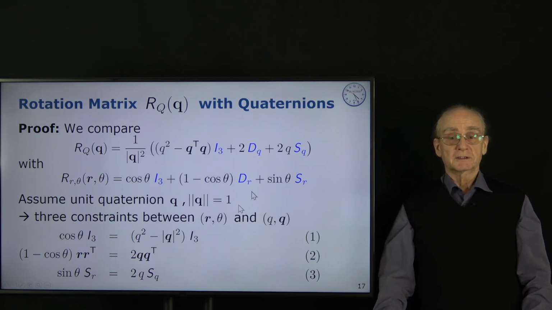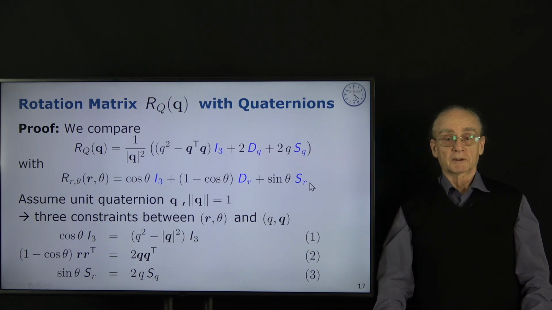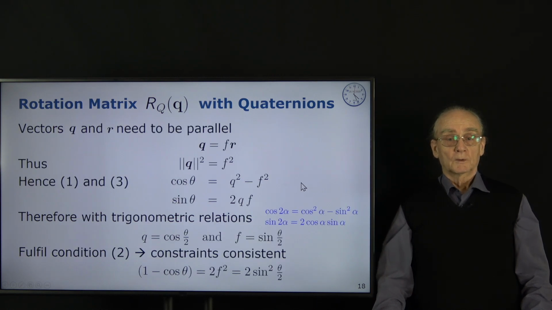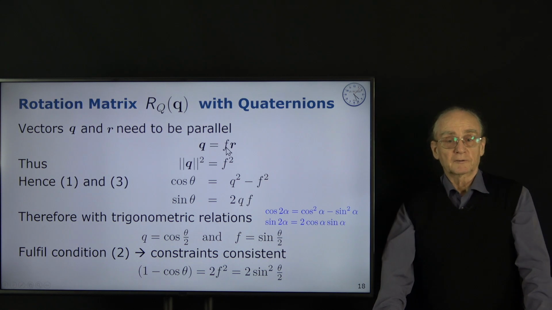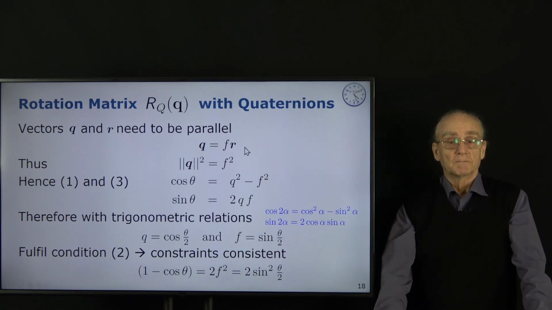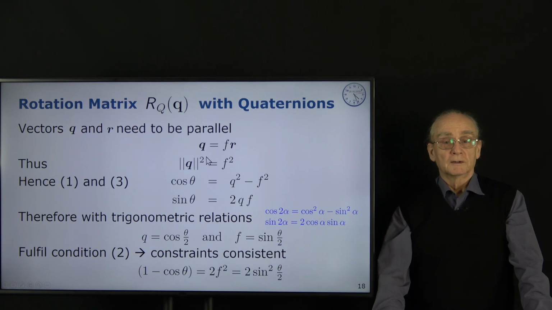The first thing is that we observe that because we have here a skew-symmetric matrix of Q, here of R, these 2 vectors should be parallel. So we say the vector Q must be some up to now unknown factor f multiplied with R. If we take the length of these vectors, we get the length of Q is f squared.